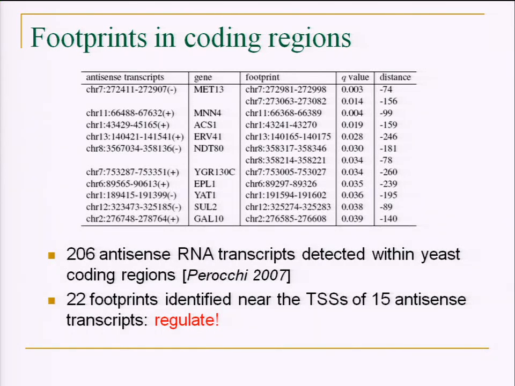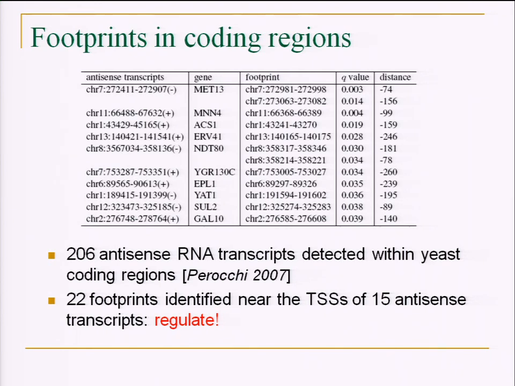In the system, there are about 287 transcripts. But the array is opposite to that; we actually identified 22 footprints nearing antisense transcripts.